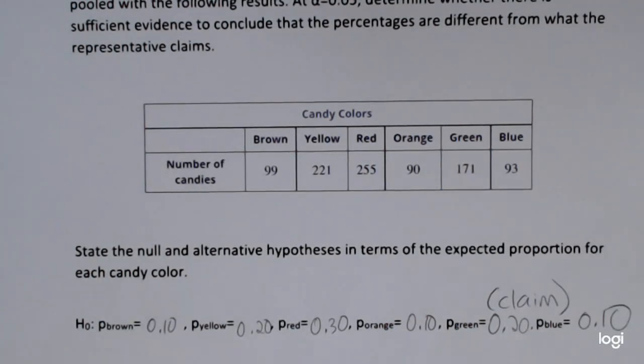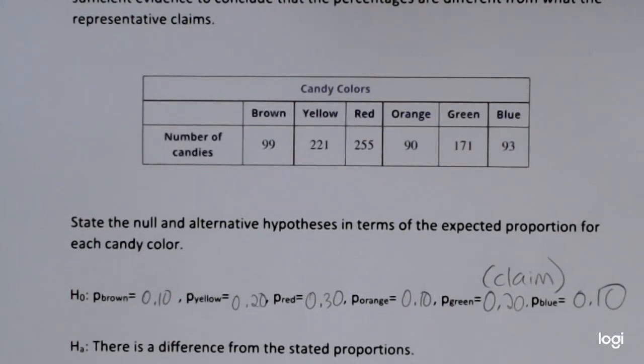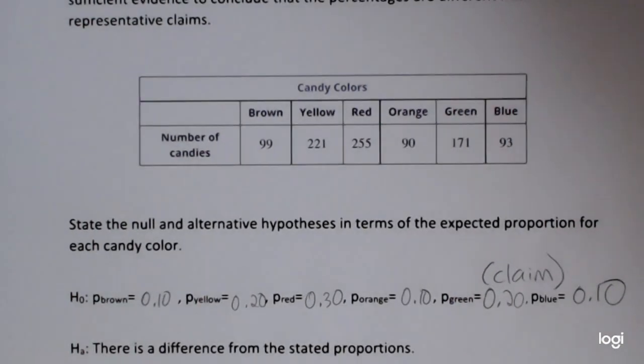For the chi-square goodness of fit test, the general structure of the null and the alternative is that the null is the values are following some sort of expected distribution, either uniform or not, versus there is at least one proportion that is different. It just takes one of these to be off just enough to drive rejecting the null. So the alternative would be that there is at least one difference.